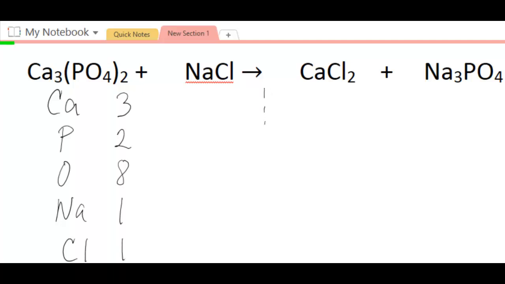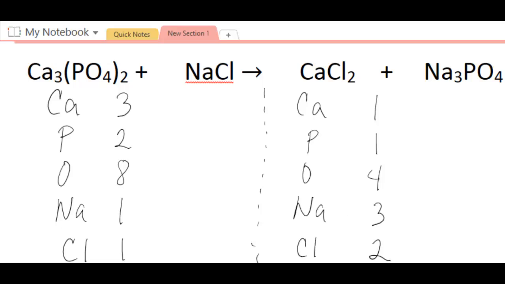And then on the right-hand side, you only have 1 calcium, you have 1 phosphorus, 4 oxygens, 3 sodiums, and 2 chlorides. So you can see here that at this point, nothing is balanced.